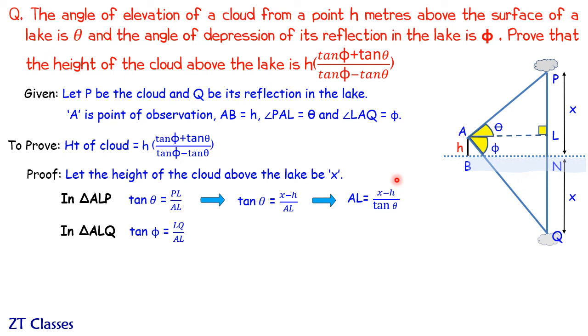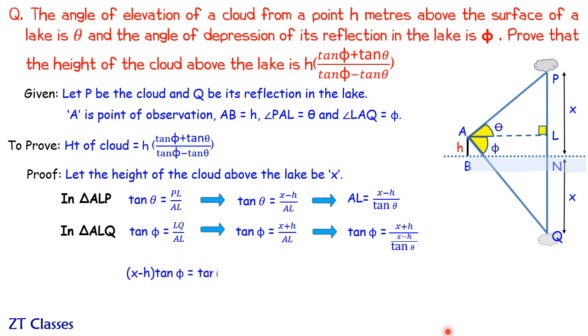Let's put the value of LQ. LQ is nothing but x plus h. And in this, let's put the value of AL. We have this value of AL with us, so let's put it here. So we are getting tan phi is equal to (x plus h) upon ((x minus h) upon tan theta).